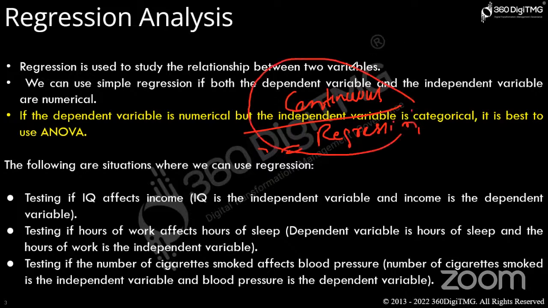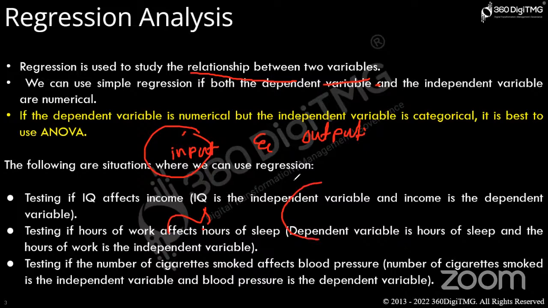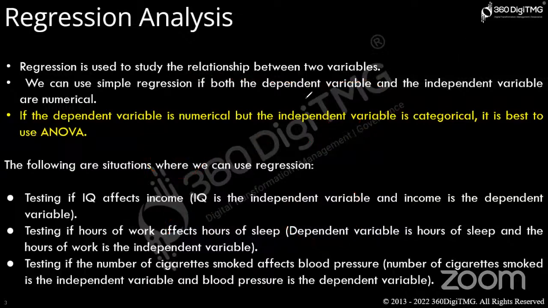What is regression analysis? We are simply studying the relation between two variables, that is, the input variable and the output variable. Whatever variation we make in the input variable, how the output variable captures it, we will be seeing when it comes to simple linear regression.